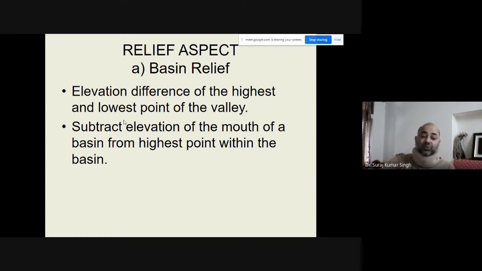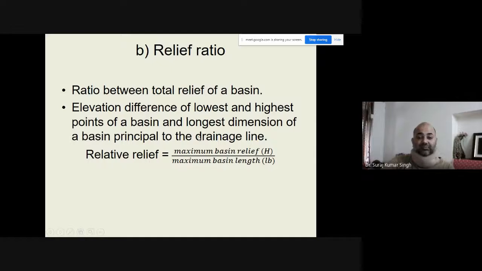What you have to do is subtract the elevation of the mouth of a basin from the highest point within the basin. Now, the second important parameter that has to be calculated is relief ratio. So, what do you mean by relief ratio? It is the ratio related to the total relief of the basin, that is, the topography of the basin.